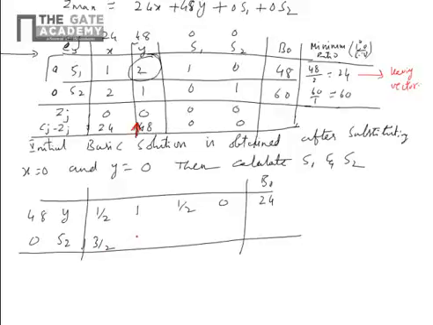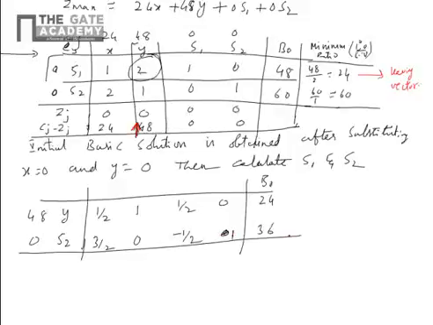Similarly here, 0 minus 1 into 0, and 1 minus 2 into 1 by 2 is 0. Next, in the earlier table it was 0, 0 minus 1 into 1 by 2 is minus 1 by 2. In the earlier table it was 1, 1 minus 2 into 1 by 2 is 0. Sorry, 1, 1.